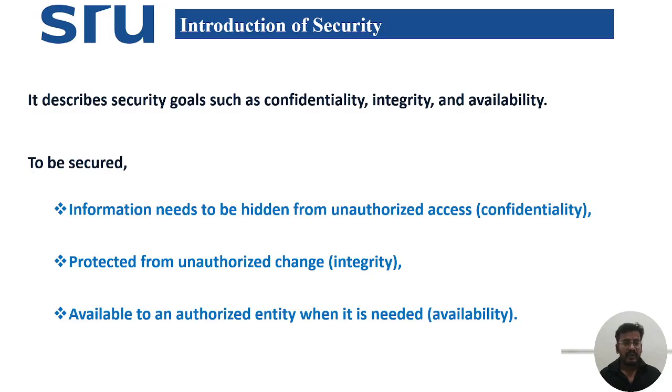Then protection from unauthorized changes is integrity, and availability means being available to authorized entities when needed. Whenever I need to access the file, it should be available at any time if I want to read it.